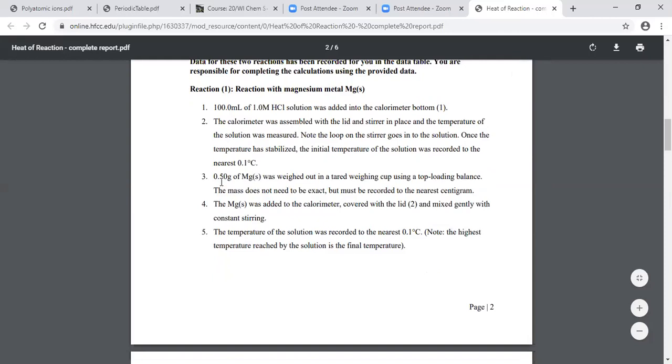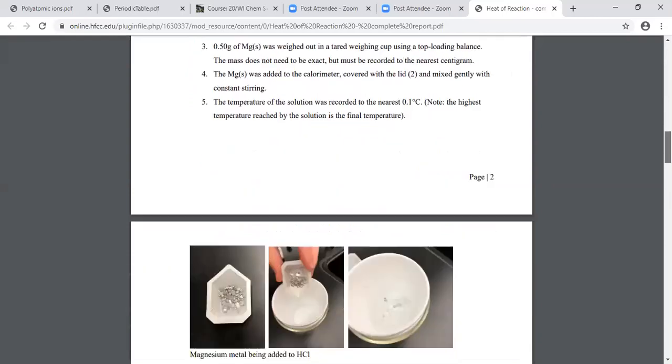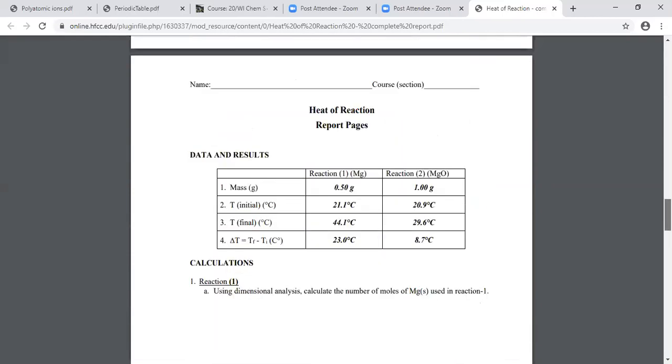And we measured out 0.50 grams of magnesium. Then we added that into the calorimeter, covered the lid again, and gently mixed with the glass stir rod. We were pushing it up and down to make it mix. And the temperature was recorded, okay? If you look down here, we'll come back to the second reaction in a minute, we gave you the results.